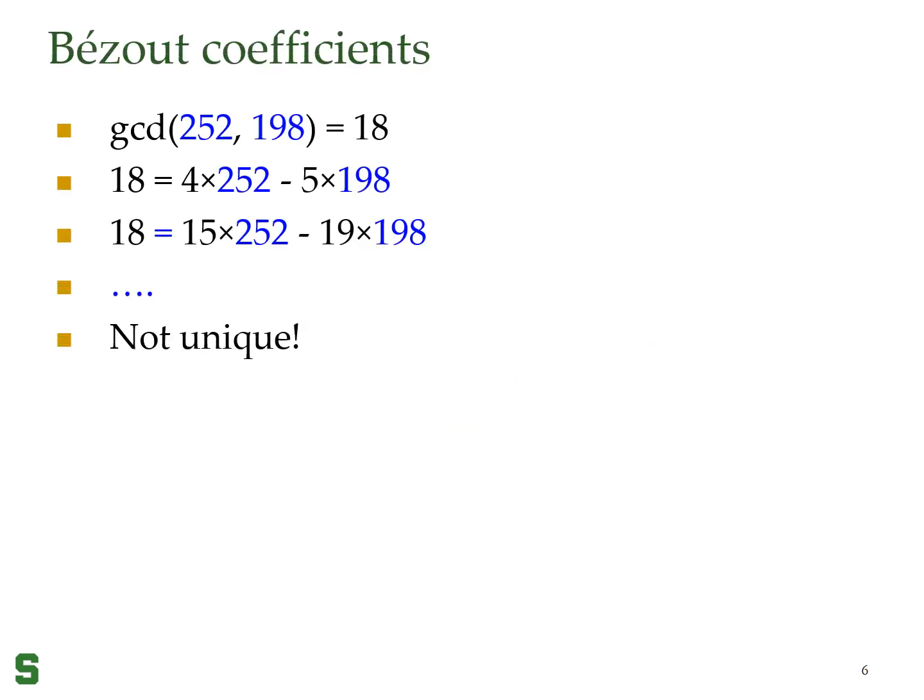As mentioned earlier, Bezout coefficients are not unique. So for example, once I have one set of Bezout coefficients, here I have 4 times 252 minus 5 times 198, I can also find other terms such as 15 times 252 minus 198 times 19.